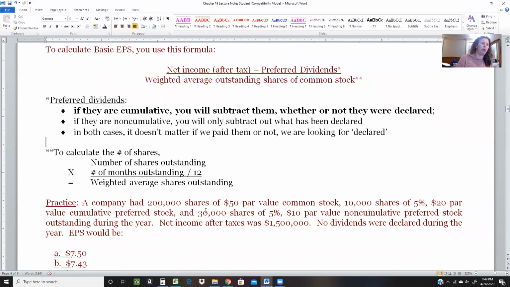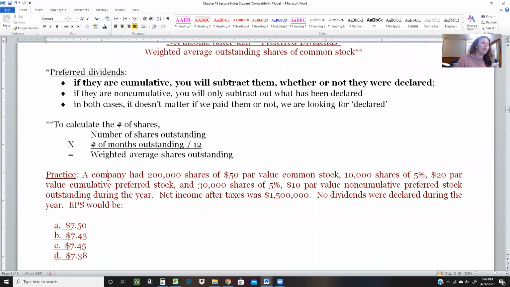There are several practice questions looking at that. Here's a basic question first. It says a company had 200,000 shares of $50 par value common stock and 10,000 shares of 5% $20 par value cumulative preferred stock. I love when they give you a big handful of things and then you have to sort through what that means.